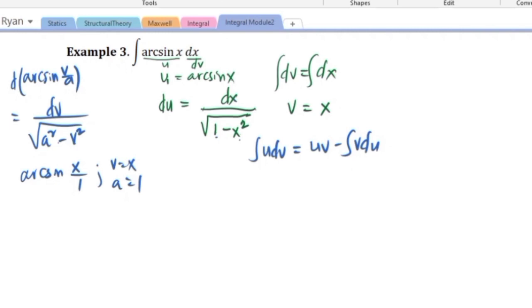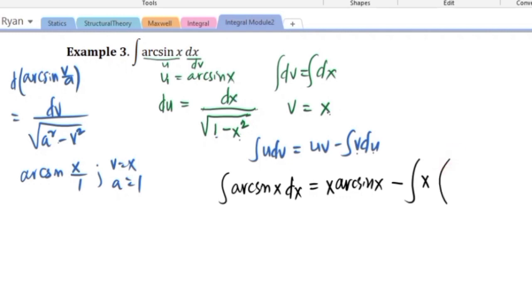So we have the integral of arc sine x dx is equal to uv. So your u is arc sine x, your v is x, so dito ko na lang ilalagay, minus the integral of v du. So your v is x and your du is this.